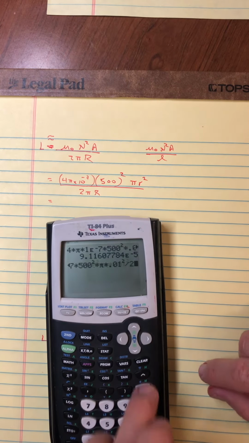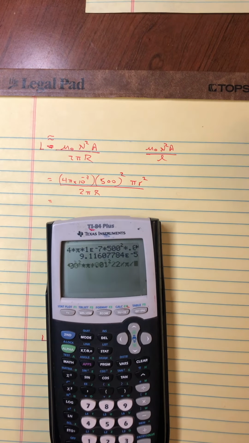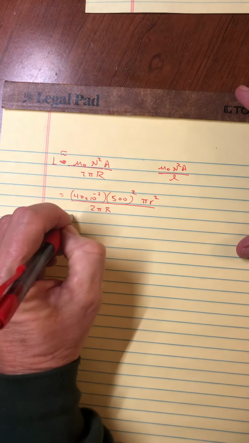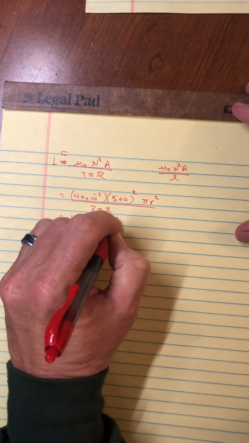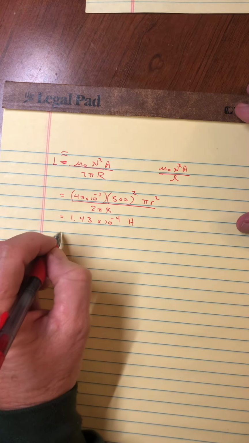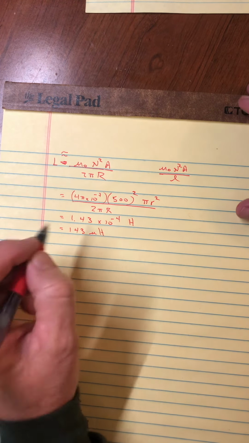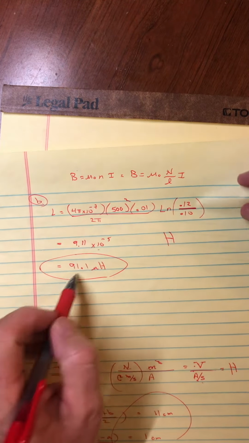Then divide by a 2, divide that also by a pi, and then divide that by this capital R, which we said then would be 11 centimeters. All right, and I get 1.43 times 10 to the minus 4 henries, or 143 microhenries. And I guess that's approximately the same.